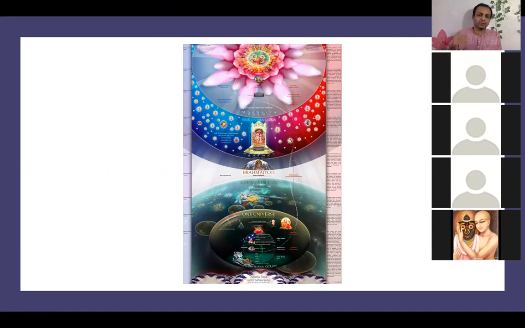So Tapaloka, if you hear the name itself, Tapaloka means there are a lot of tapasvis there. And higher than that, meditation, all these different lokas that are present. These lokas have wonderful bodies that you can get.